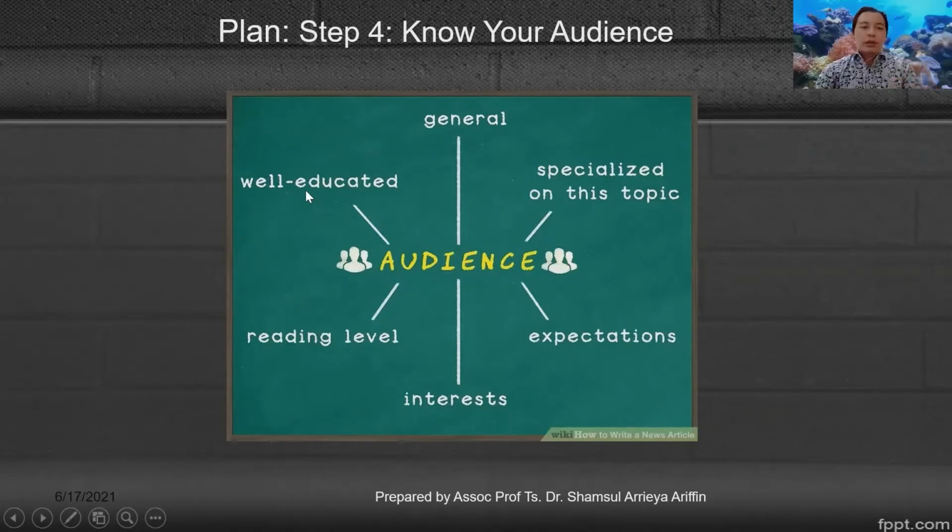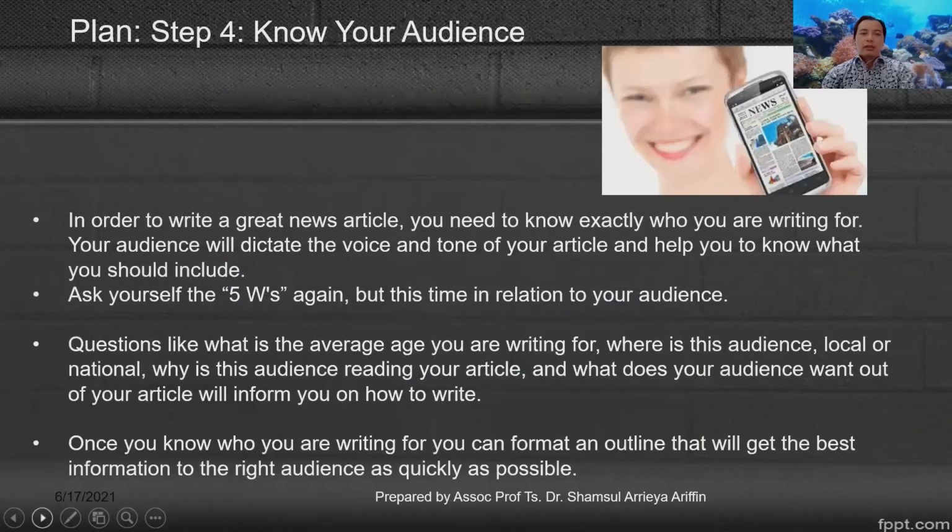So you need to know your audience in general, who they are. Know your audience, and specialize on this topic: what are the specialized topics that relate to this audience, and what do you think about their expectations of your topics? And then there is also interest: what are their interests in your topics, and what are their reading levels for the topics? So you need to know who your audience is.